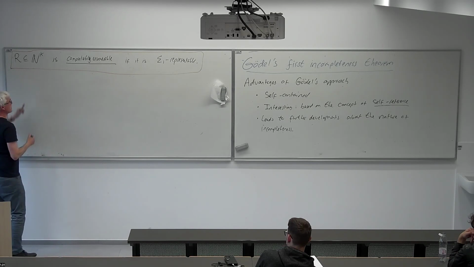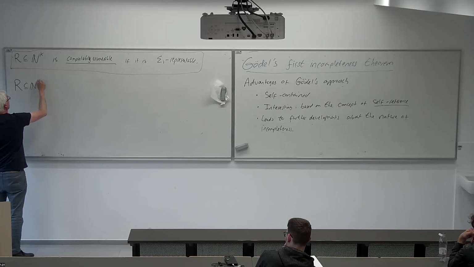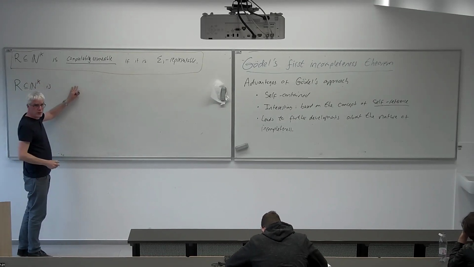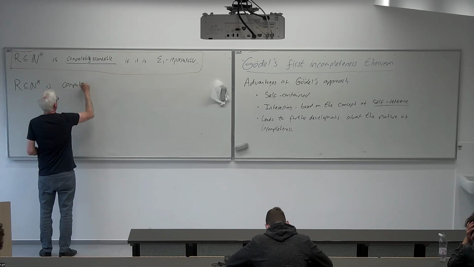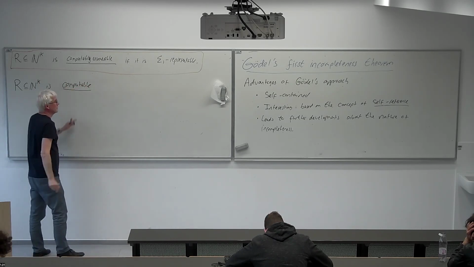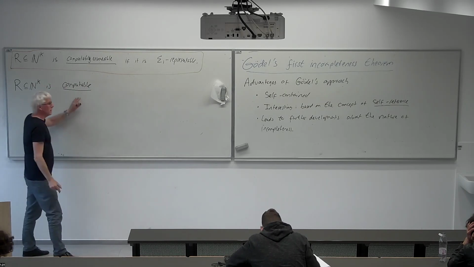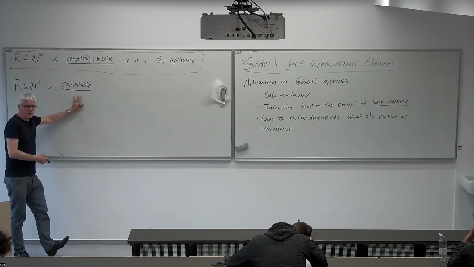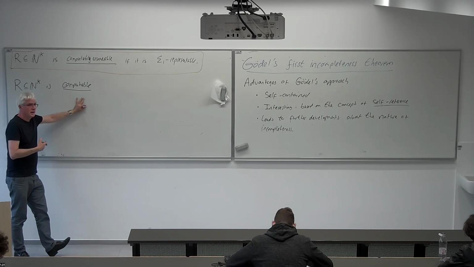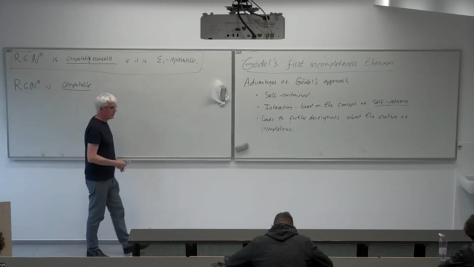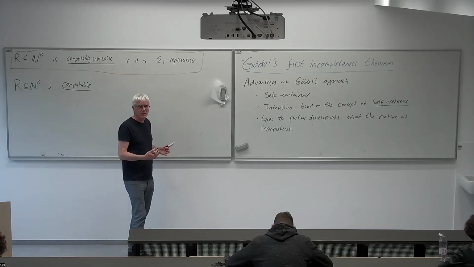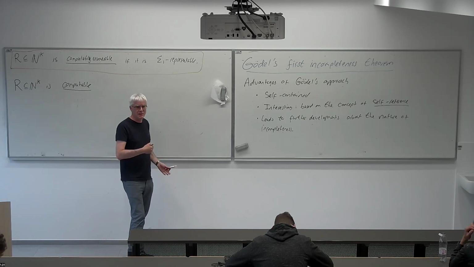And then there's the notion of decidable. So we say that a relation is decidable or computable or recursive. Again, I'm just going to write one of the words here in the lecture, and the others are written in the notes. We had the informal notion of decidability in the previous lecture on decidability via model theory, and we proved an informal theorem that a set is decidable if and only if it and its complement are semi-decidable.